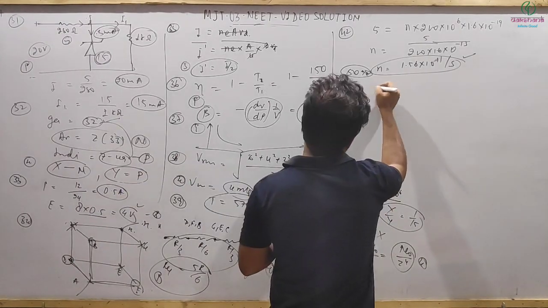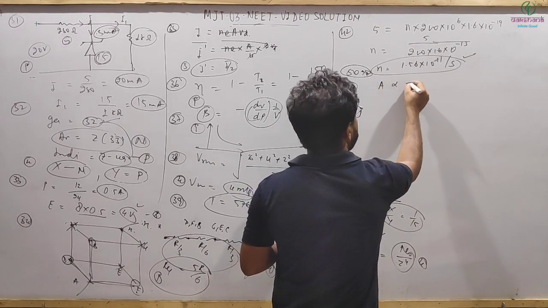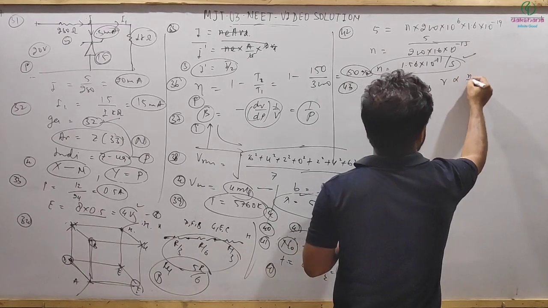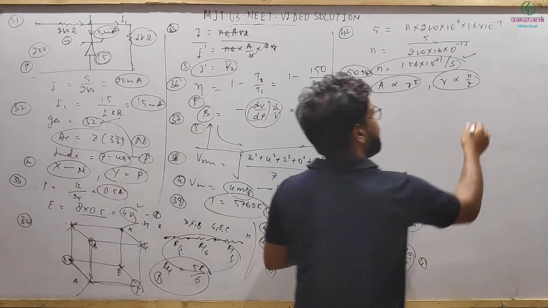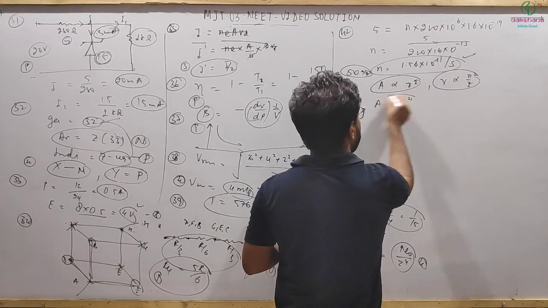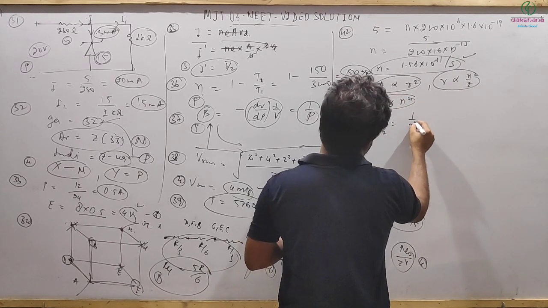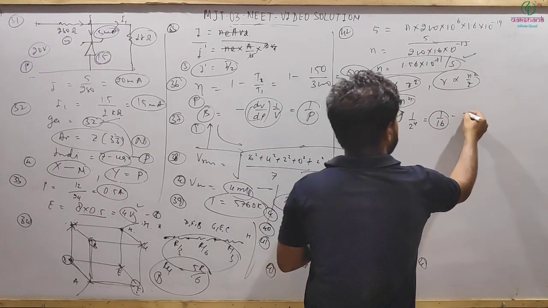Area is directly proportional to R square, and R is directly proportional to N square by Z. So area is directly proportional to N power 4. So A1 by A2 is equal to 1 by 2 power 4, that is 1 by 16. That matches option number 3.